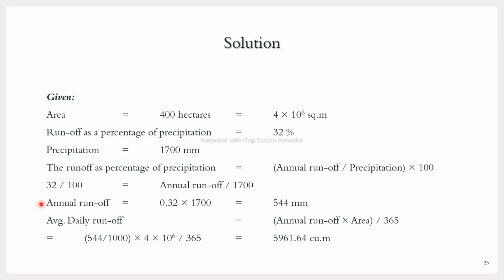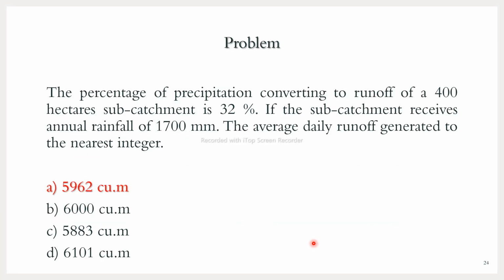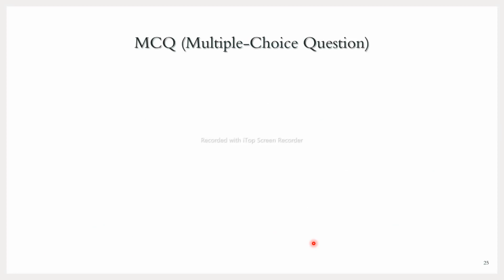As this is annual runoff, daily runoff we are calculating by dividing it by 365, and the answer comes out to be 5962. So I believe it is option A. Yes, so Danesh has given the correct answer. Okay, so we will move on to the next problem, that is MCQ.